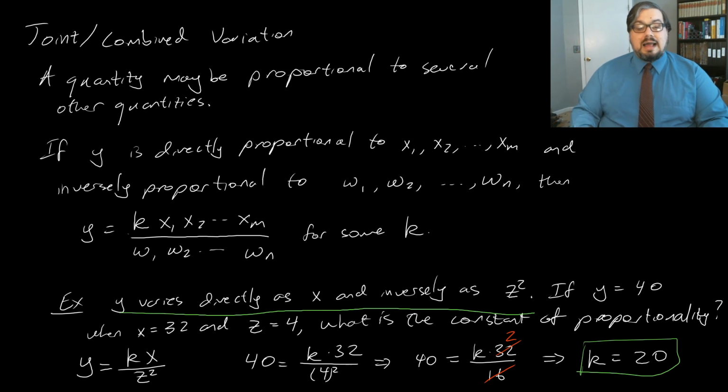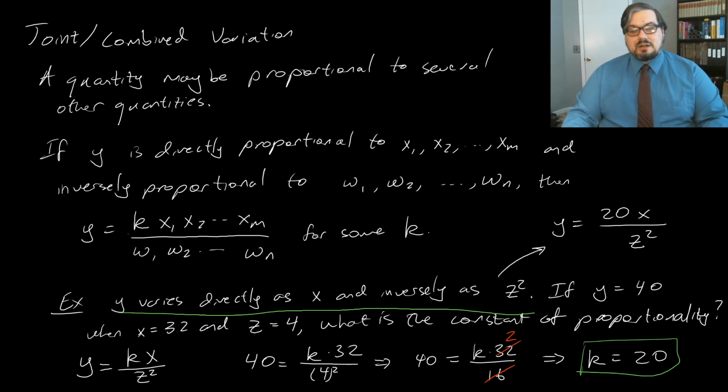And so our equation for this problem, although it wasn't explicitly asked for us, is y equals 20x divided by z squared. And now that we have that, for any x and z we choose, we can figure out what y is.